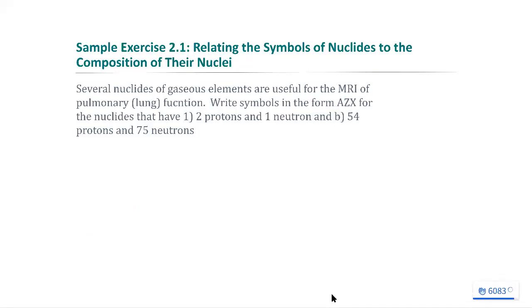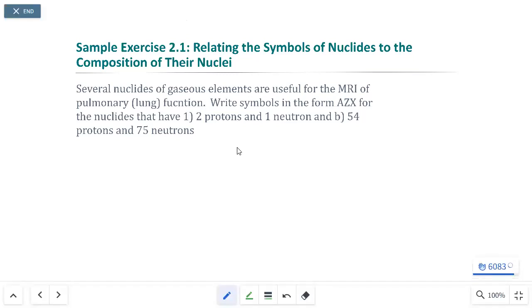All right, so let's take a little time and do some practice with nuclide notation here. So we've got a few nuclides here that we want to explore. And what we want to do is write out their symbols in the proper notation. So let's start with this first one. We have something that has 2 protons and 1 neutron. So the 2 protons, that would be its atomic number.